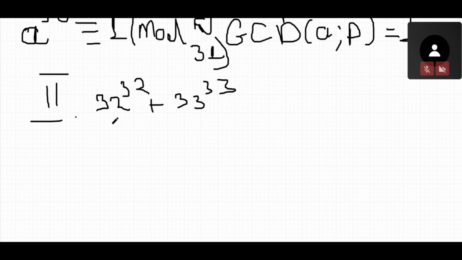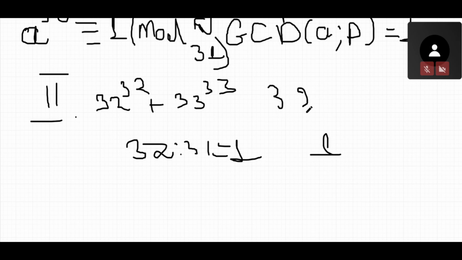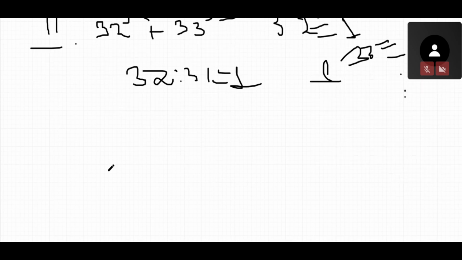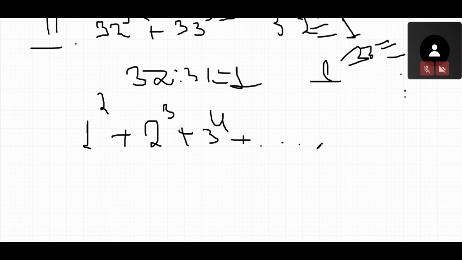If we divide 32 by 31, the remainder will be 1, and the mod will be 1 also, so 32 will be equivalent to 1, and 33 will be equivalent to 2, and we will get 1 square plus 2 cube plus 3 power of 4, and so on, until 30 power of 31.